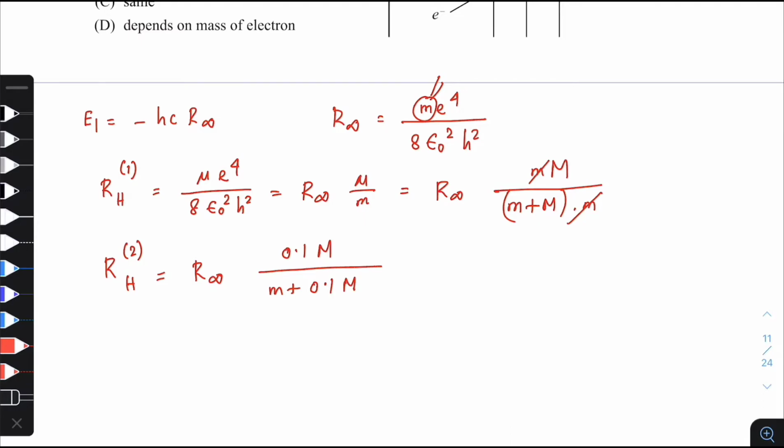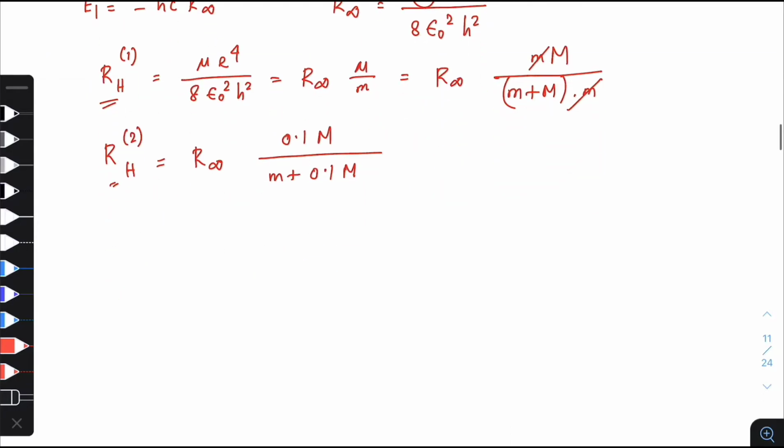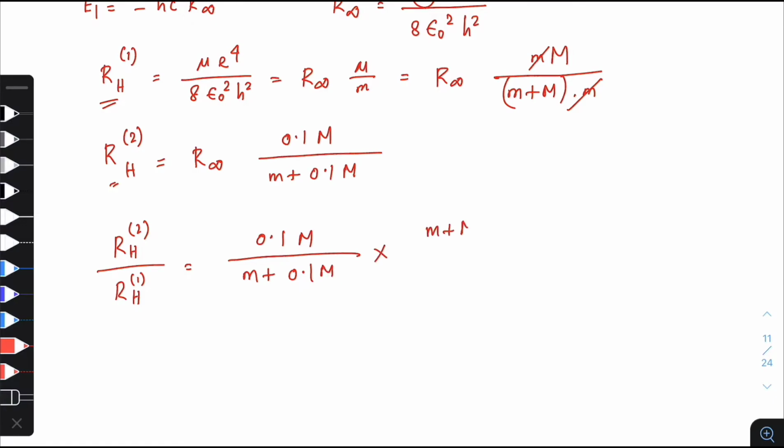So let's compare these two quantities. R_H2 divided by R_H1 is equal to 0.1 M divided by m plus 0.1 M, times m plus M divided by M. This capital M cancels out. Now we assume that the proton mass is 2000 times larger than the electron mass.